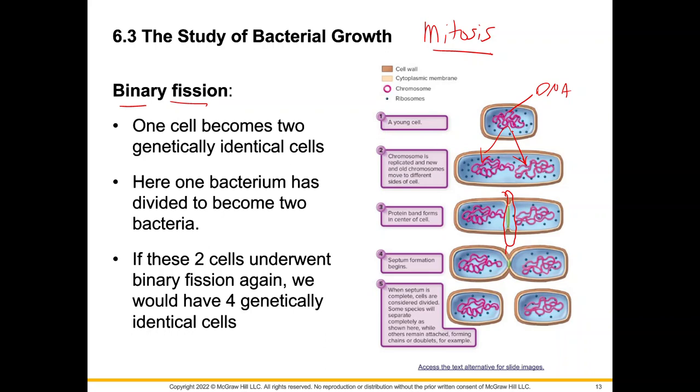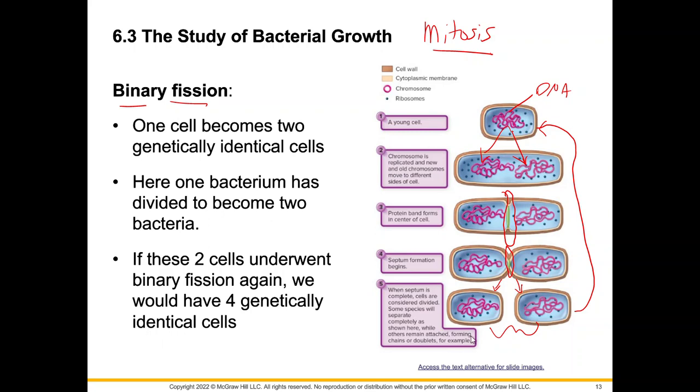So you can see here it's getting smaller, and it will essentially pinch off to eventually separate 2 new cells. When that septum is complete, the cells are now divided, and we have 2 cells that are genetically identical. So in review, we start off with 1 cell, DNA is replicated, the cell divides, and now we have 2 cells that are genetically identical to the original one, and of course they're also genetically identical to one another.